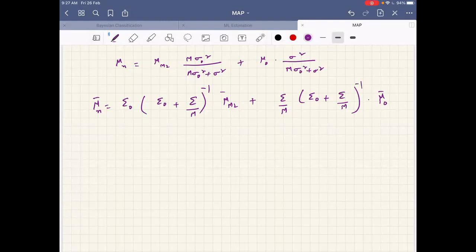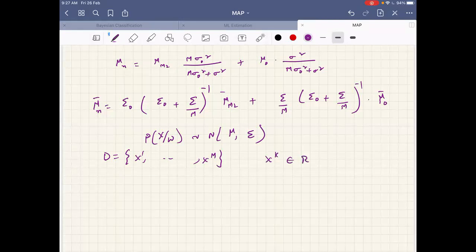For example, in the multivariate case you anyway have P of X given omega as a multivariate normal distribution, mu comma sigma, so you will start with the covariance matrix here. Assume there are some samples D given, X1 up to Xm, where each feature Xk belongs to R power d, d-dimensional features.